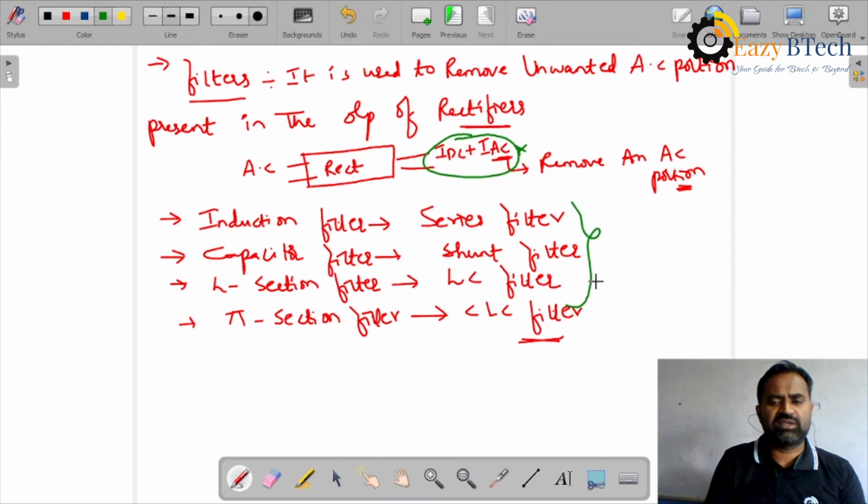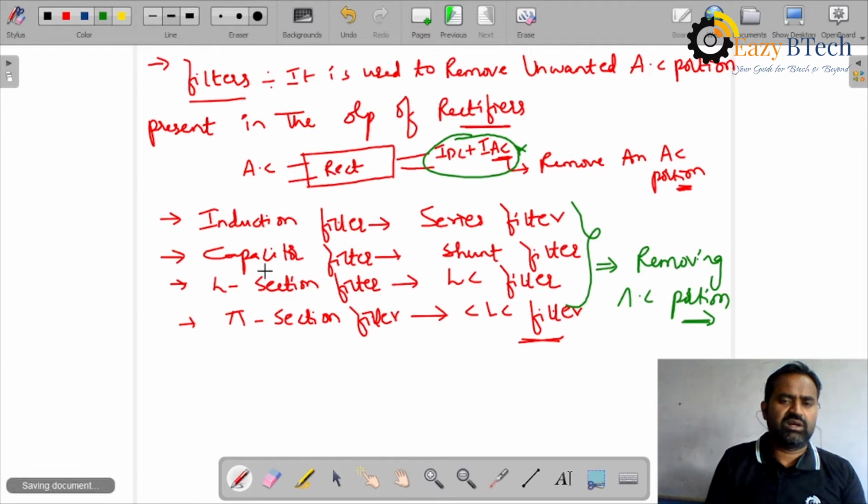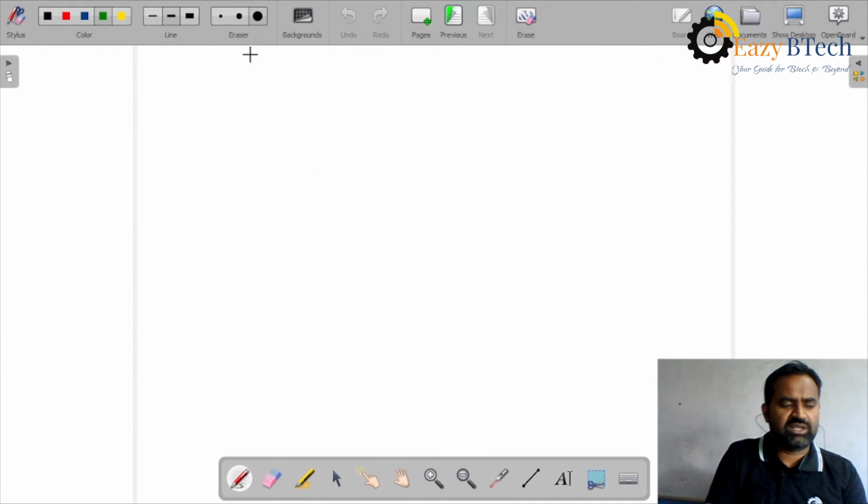These are the various ways for removing AC portions. We will discuss all these filter sections in detail. First, initially, we will see what an inductor filter is.